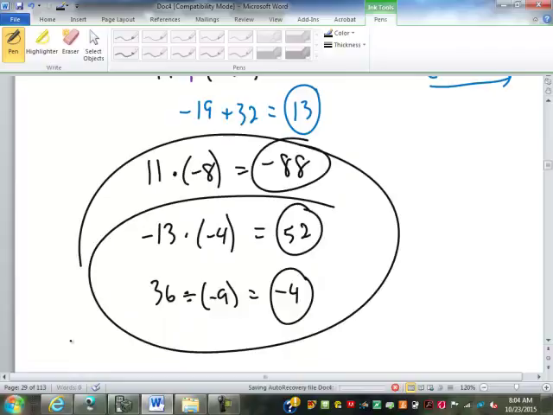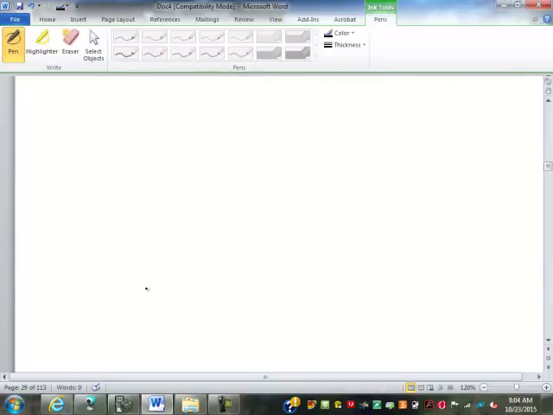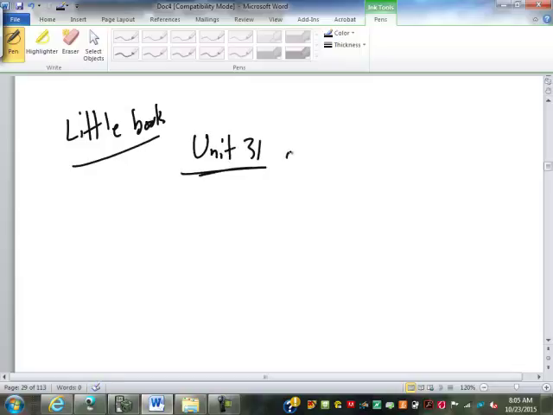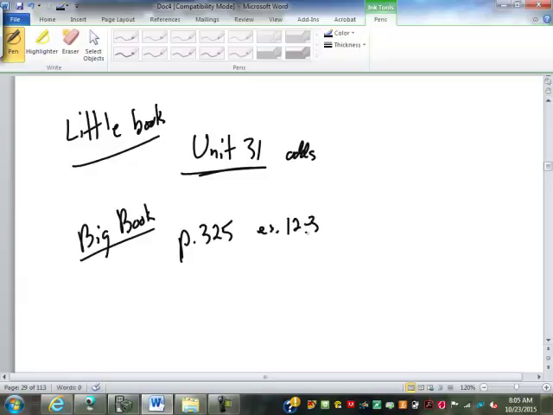I think the best course of action would be just to have you guys practice for a while. In the little book, there's unit 31. Do the odds again. In the big book, there might be a few more problems. Page 325. It's exercise 12-3, 1 through 17.